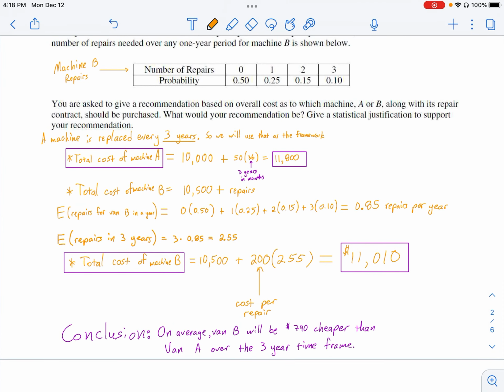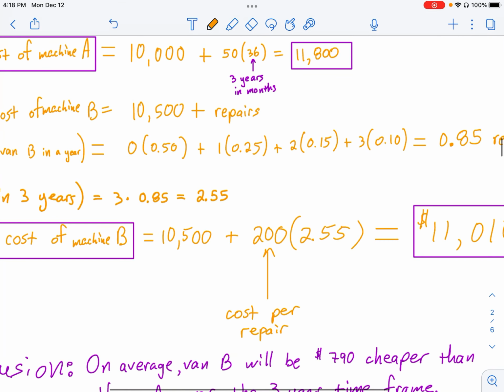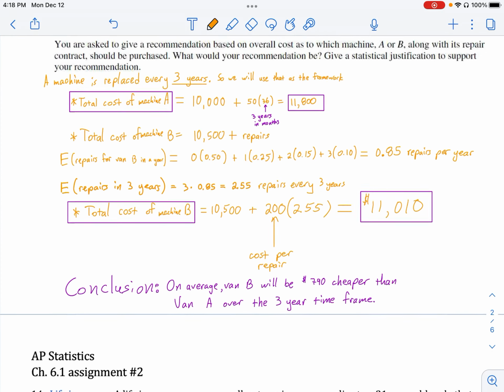But again, you expect to have this machine for 3 years. So we're going to triple that to get an average of 2.55 repairs every 3 years. Okay.